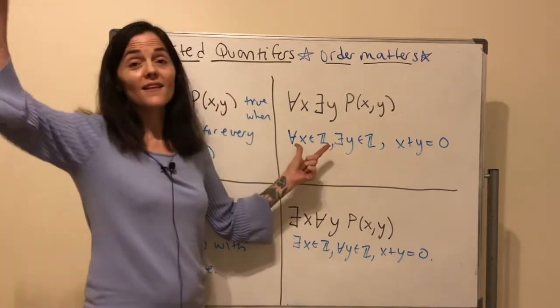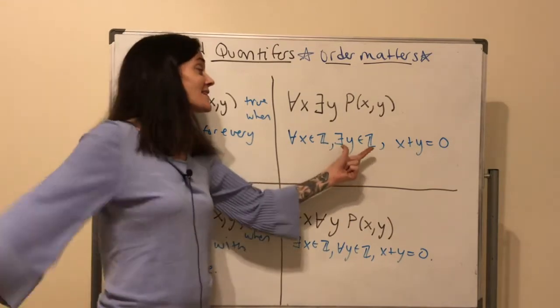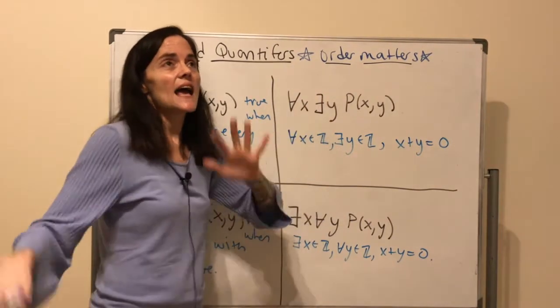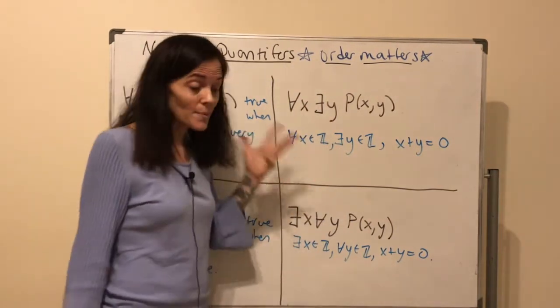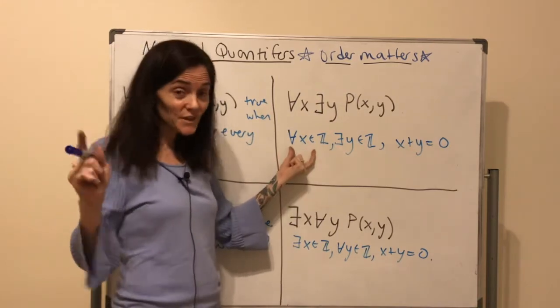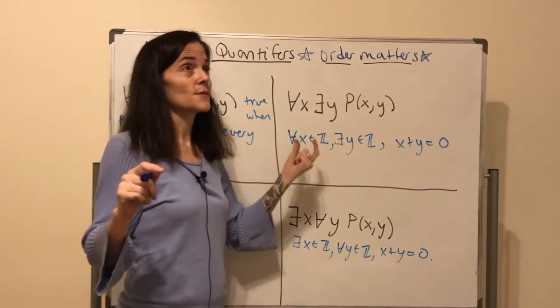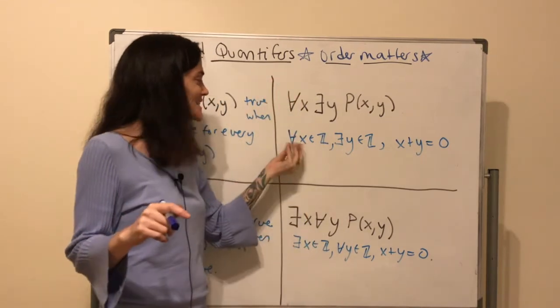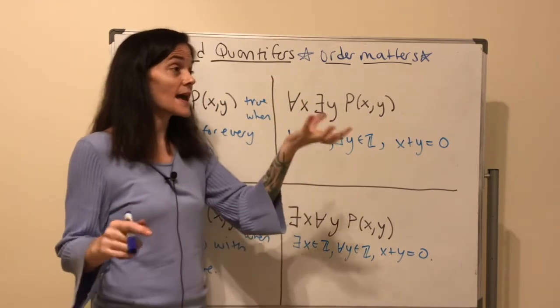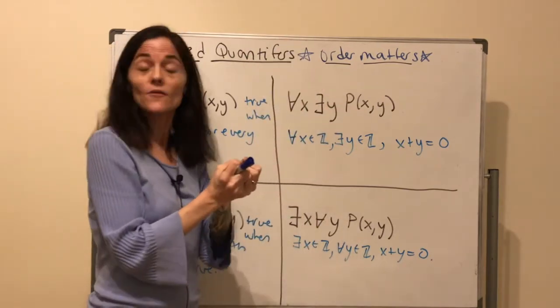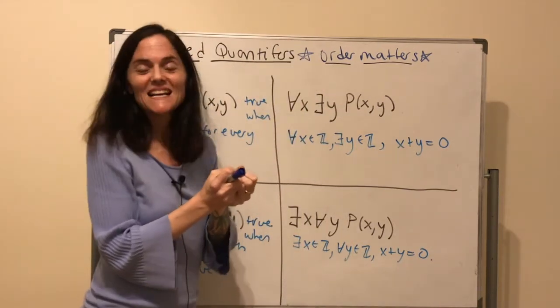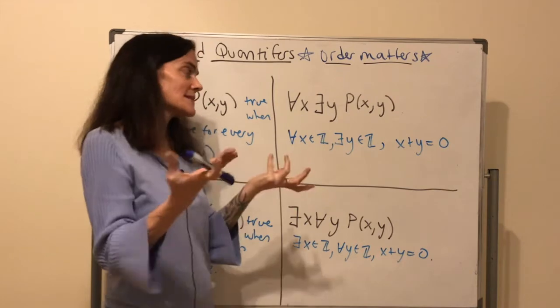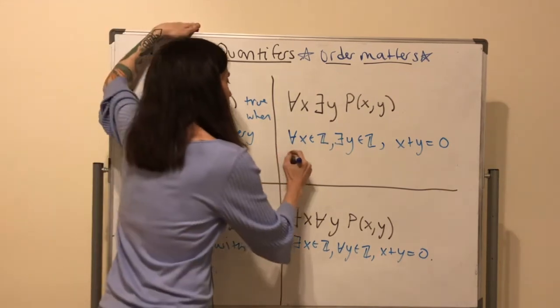Okay, for all x, there is a y such that x plus y is 0. And I said the order matters. Pick your x first. So now you have x handed to you, but it's arbitrary because this needs to work for all x. For all x, okay, I have 1. Now find a y such that x plus y is 0. Well, this is fine. This is true.